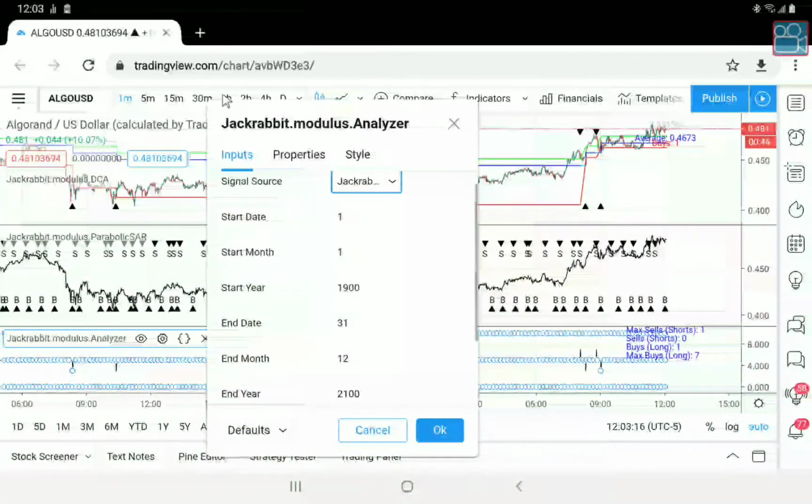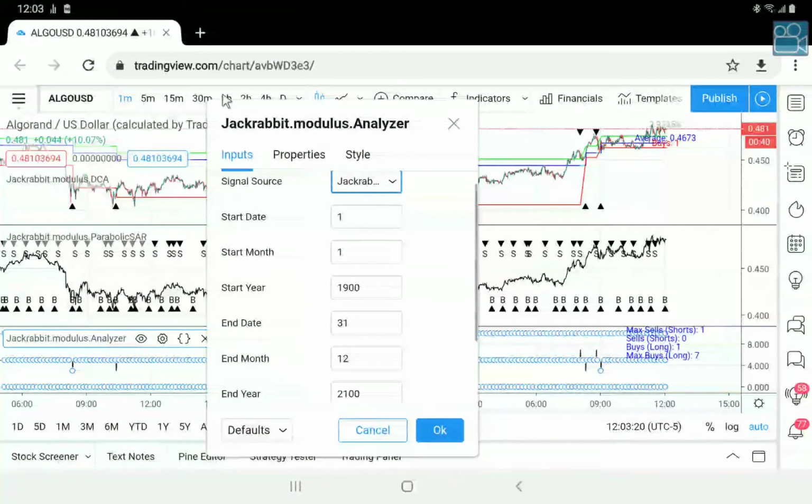If you pick a 1 hour time frame, you will have 208 days of information to analyze. If you pick a 1 day time frame, you will have 13 years of information to analyze, or as far back as TradingView has for information on the asset you are trying to study.